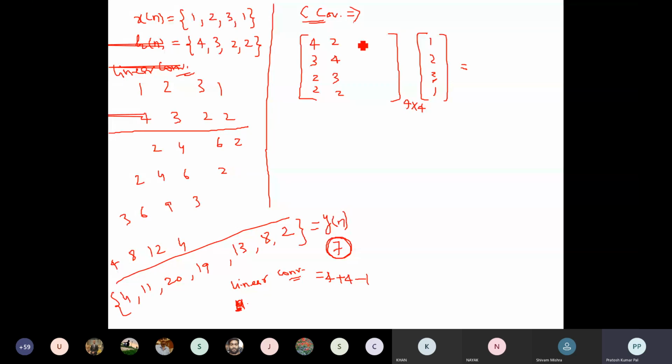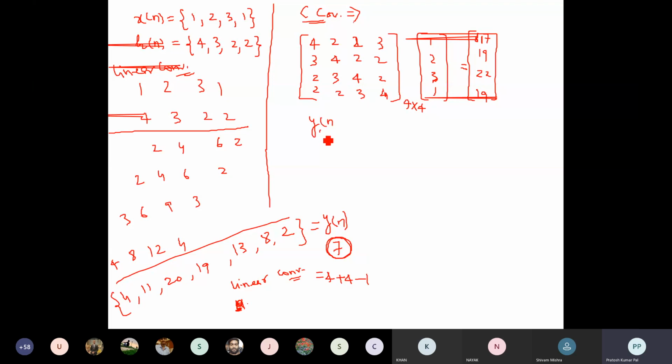This 2 will come at the front, that is 2, then this 2 comes 4, and then this 3, and this 3 comes here, and this 2, and then this 2, and this 4. So after multiplying and adding, we will get the circular convolution, that will be 17, 17, 19, 22, and 19. Okay. So this is your circular convolution.